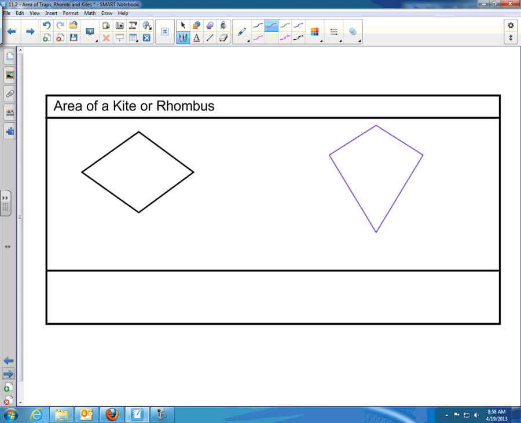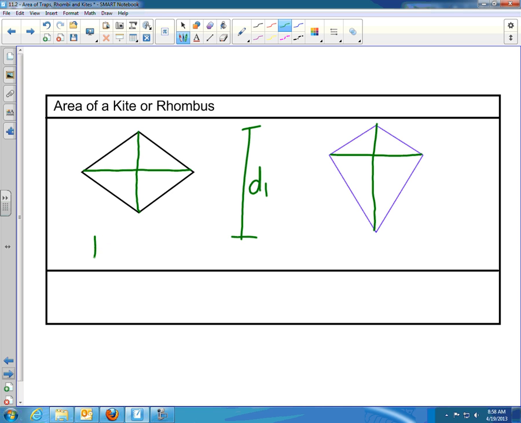All right, to the back side, areas of kites and rhombi. Okay, if we look at a kite and a rhombus, they both have diagonals. They have one that goes up and down, and one that goes side to side. Let's call the up and down one D1, diagonal 1, and the one that goes from side to side diagonal 2.